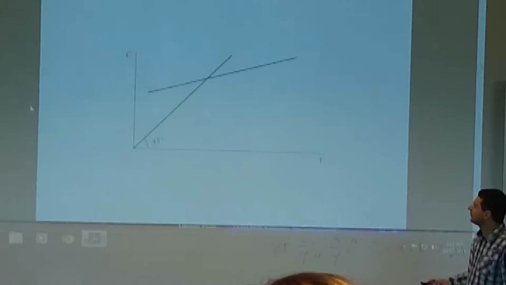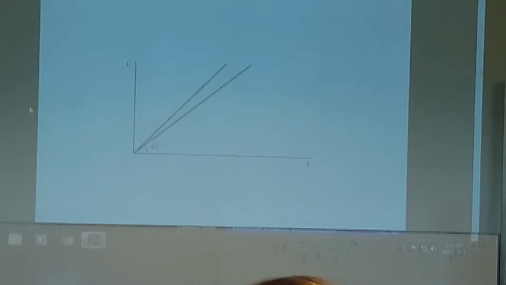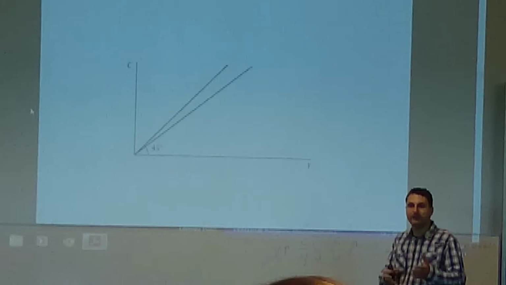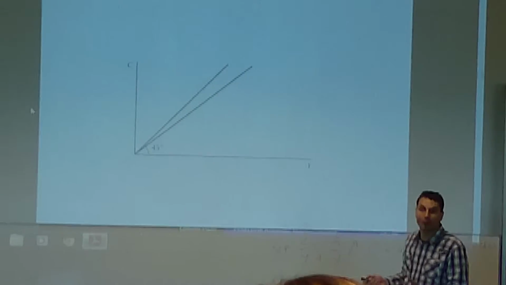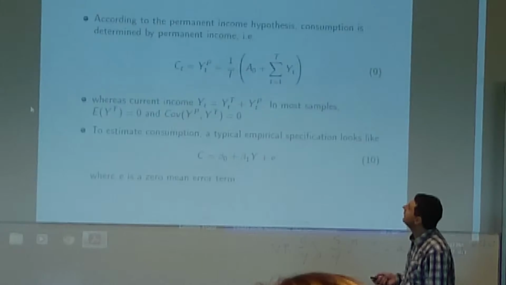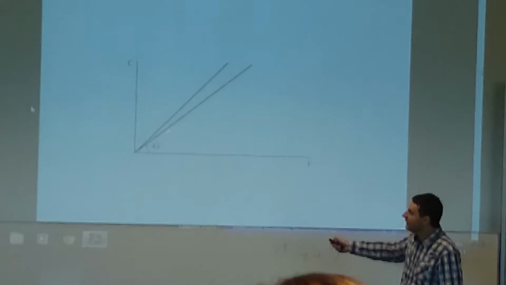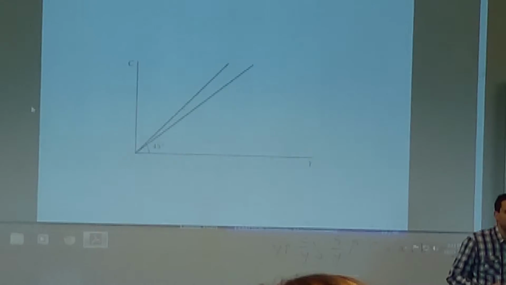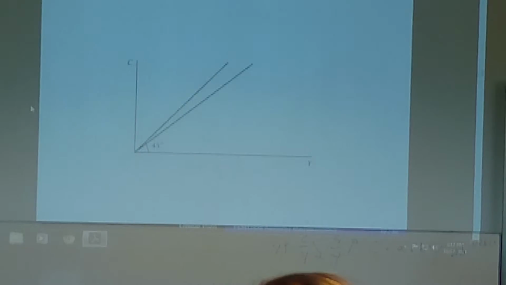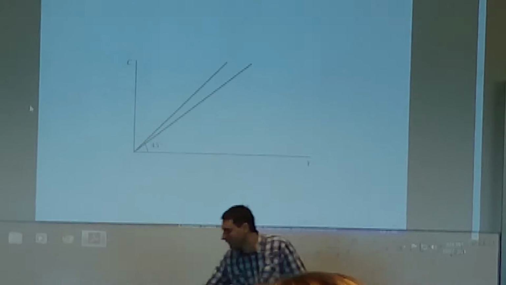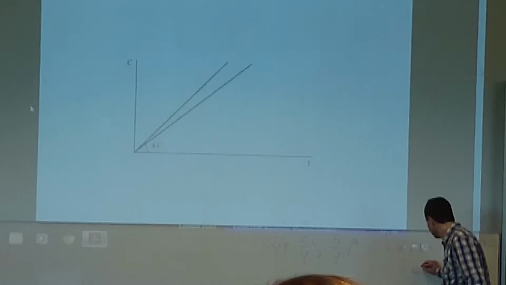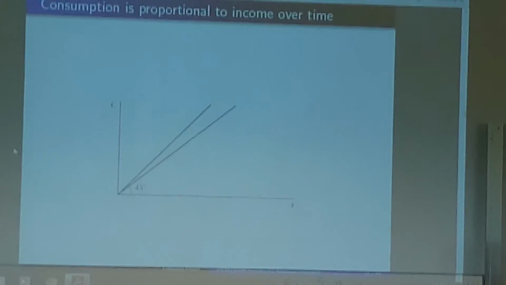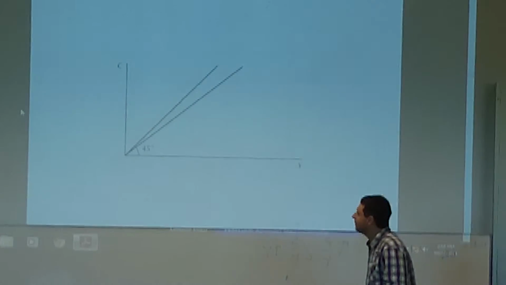So according to these studies, who don't look at households at one period of time, but who look at time series for one country, they claim that consumption is, in fact, very close to current income in every period.